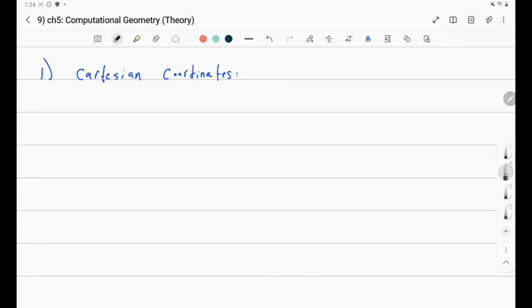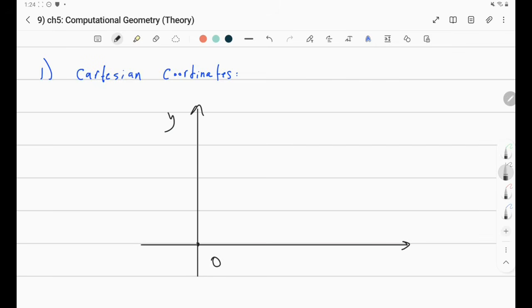Say we have the y-axis here and the x-axis here, and of course we have the origin here. If you have any given point P, it has an x coordinate xp and a y coordinate yp. If you drop perpendiculars to the axes, this represents xp and this is the yp right here.